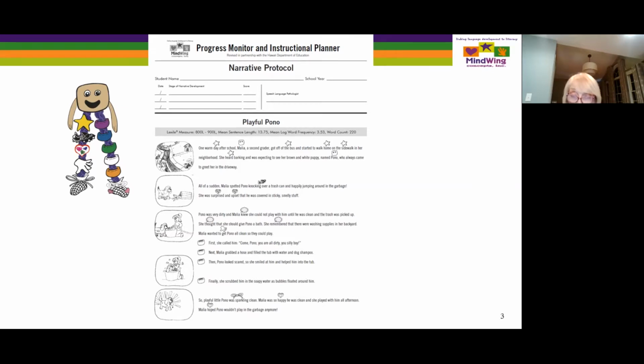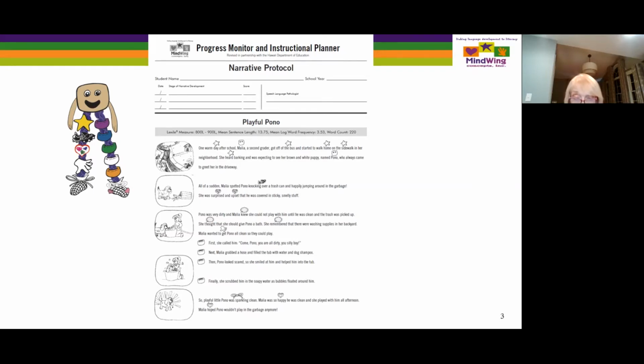"Come, Pono, you are all dirty, you silly boy." Next, Malia grabbed a hose and filled the tub with water and dog shampoo. Then, Pono looked scared, so she smiled at him and helped him into the tub. Finally, she scrubbed him in the soapy water as bubbles floated around him.